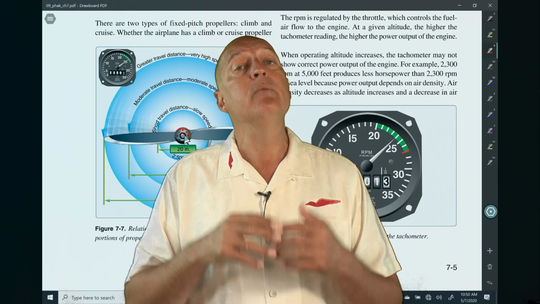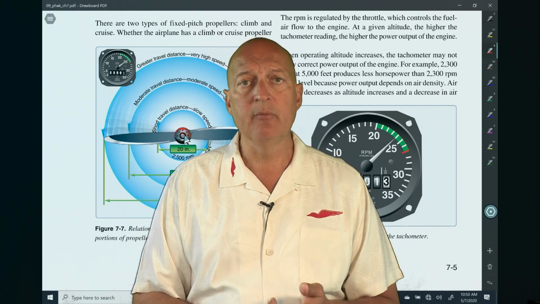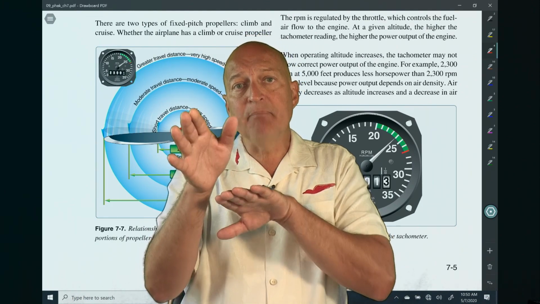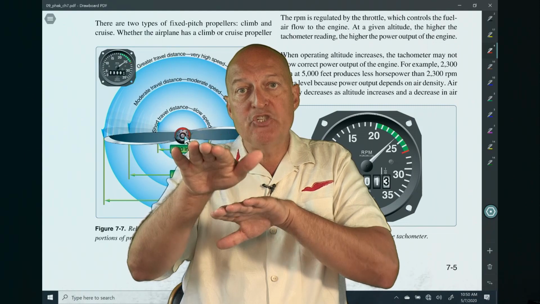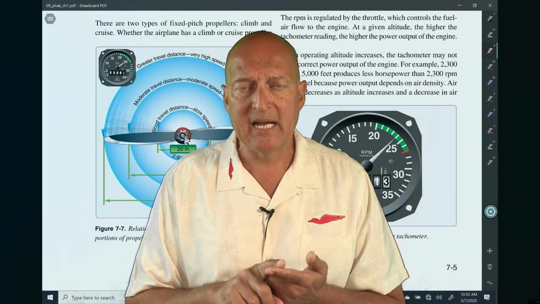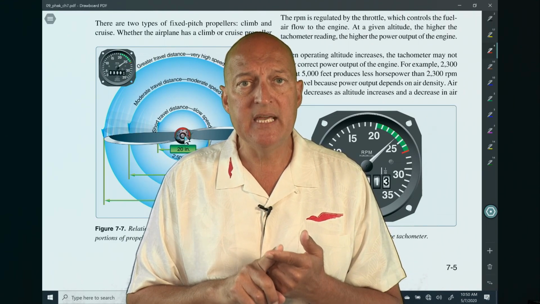Then we have a different type of propeller system, and that's what we refer to as a variable pitch or constant speed propeller. What that does is give the pilot the opportunity to change the blade angle to help maximize the phase of flight that you happen to be in.